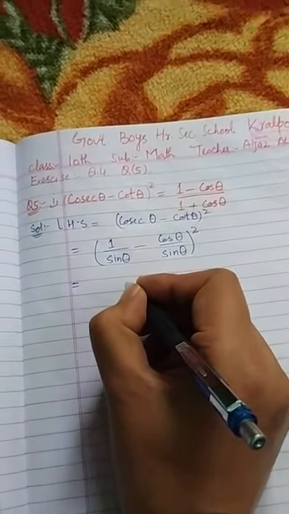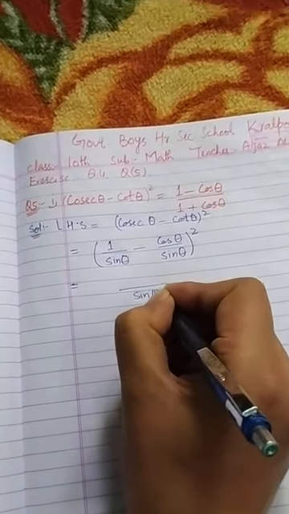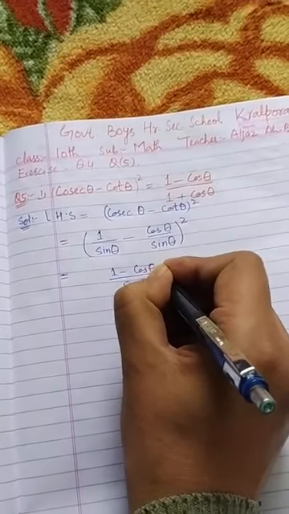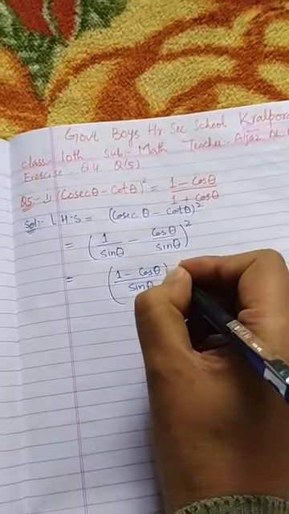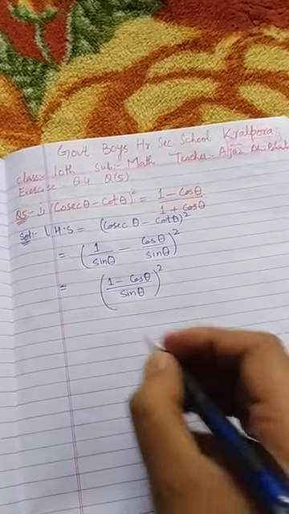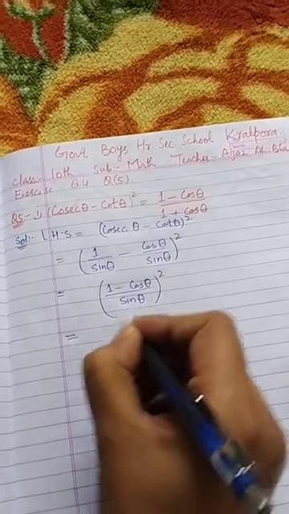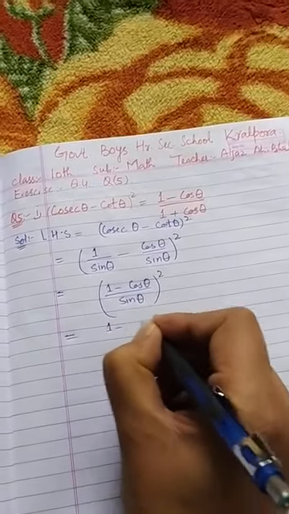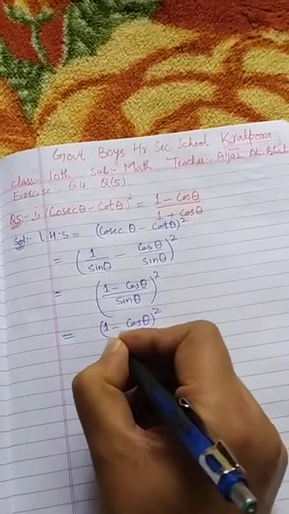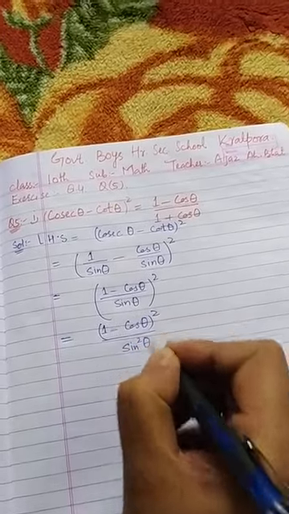As the denominator is the same, I will use only one sin theta, and in the numerator I will write 1 minus cos theta, and this whole square. That gives 1 minus cos theta whole square divided by sin square theta.